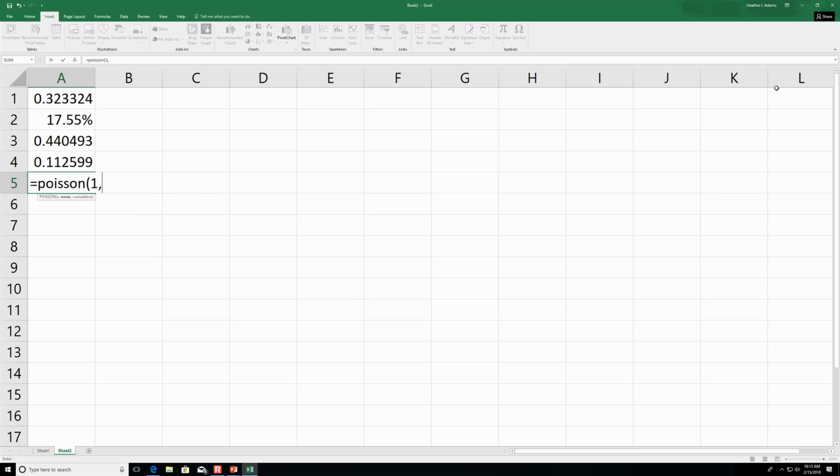I'm going to do 1, 1.3 is the average, and say true. But again, don't forget to do the 1 minus. You can either do the 1 minus here or wait until you've got the probability and just do 1 minus that. I'm going to do it that way this time. So equals 1 minus this, and I get about 3.7%.